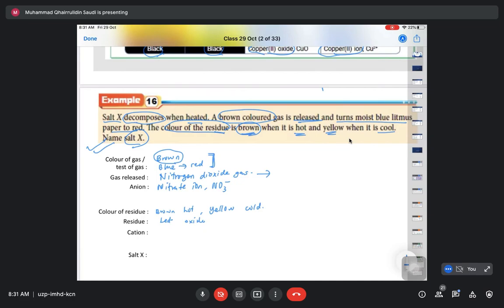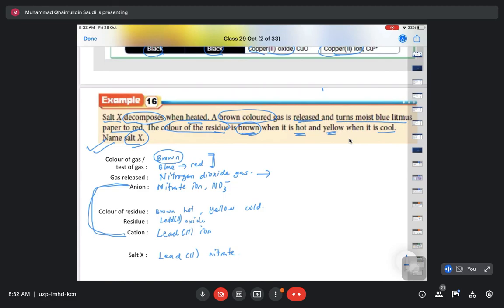So cation dalam lead-2 oxide? Lead-2 ion. Good. Okay, so salt kita ada lead-2 ion dengan nitrate ion. So apa nama salt kita? Lead-2 nitrate. Yes, good. Macam itulah. Lead-2 nitrate.